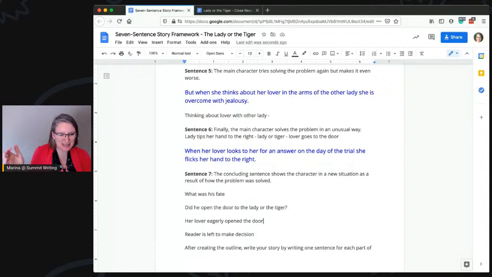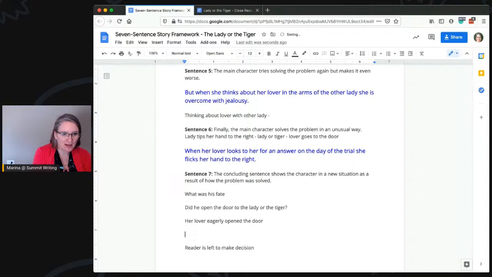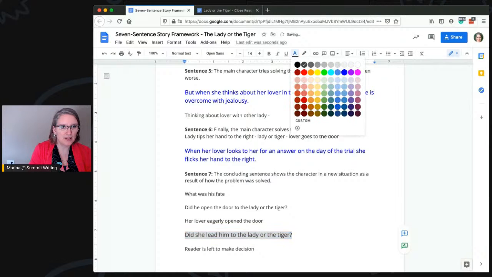That's going to go somewhere else, and then I'm going to need another sentence. That doesn't work. Did she lead him to the lady or the tiger? Yeah, I'm going to leave it with that because the story leaves you with a question. Sure, we'll go with that.